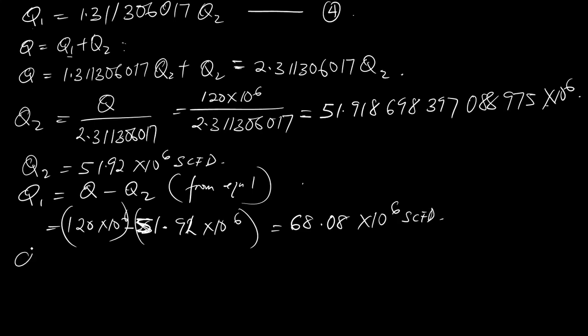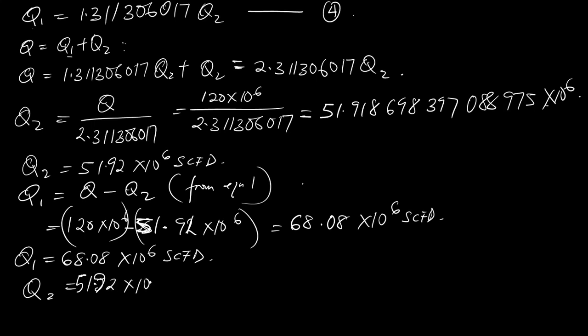So we have Q1 to be 68.08 times 10 raised to power 6 standard cubic feet per day, and Q2 to be 51.92 times 10 raised to power 6 standard cubic feet per day. So we have gotten the flow rates.